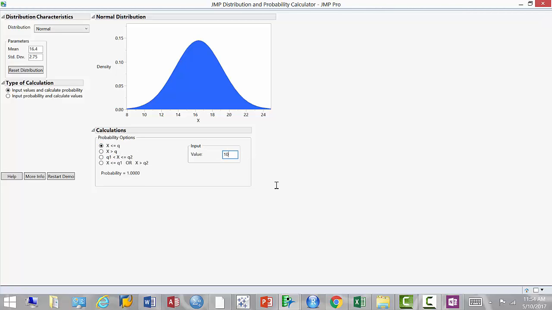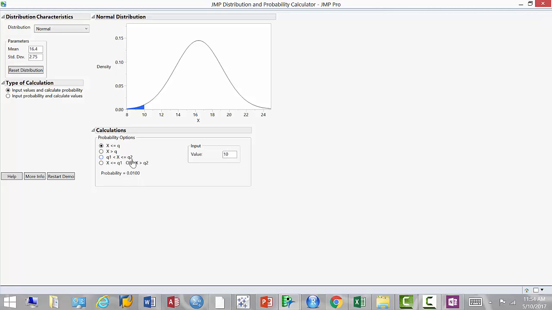Graphically, it looks like a very teeny tiny tail, and numerically it represents only 1%. So our intuition was right. Not a lot of people fall into this category, spending $10 or less.